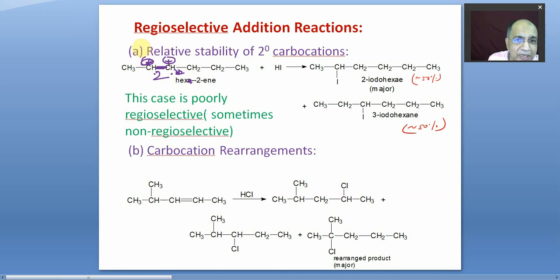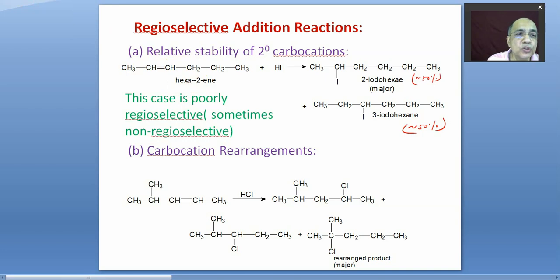So therefore, there is a slightly greater chance of I minus, the nucleophile, joining here, as that carbocation is relatively more stable. But we do not know the actual percentage.